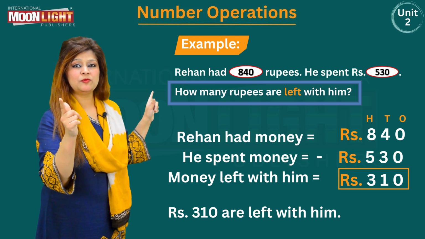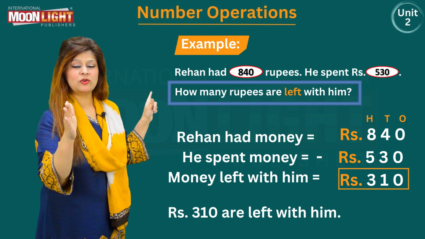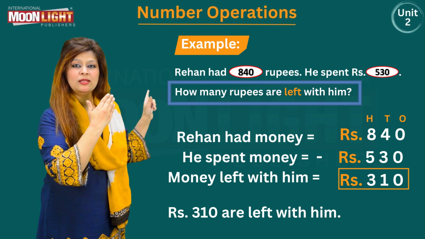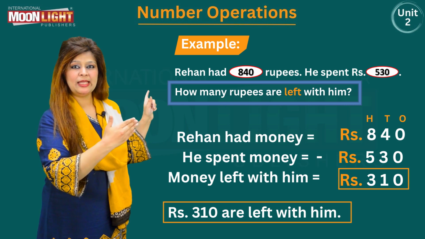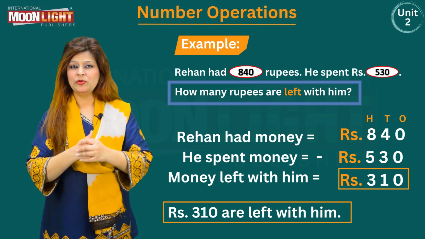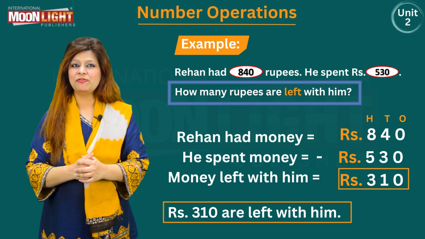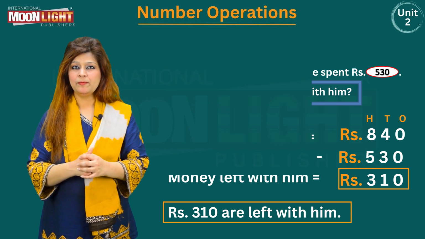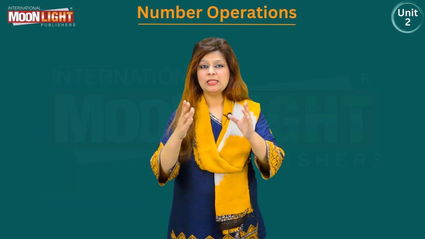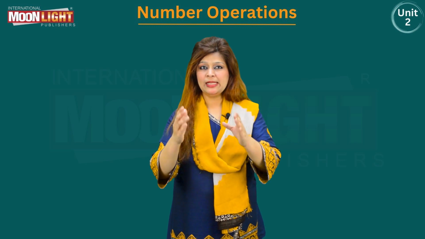The remaining sentence will be the same, that is from the question statement. What I will write is: rupees 310 are left with him. Full stop. This is my final ending statement. Hope the whole process, the whole solution is clear to you.